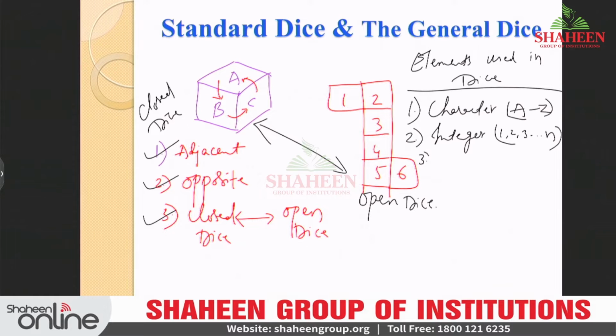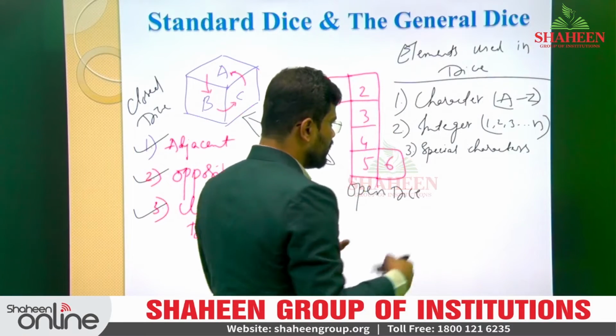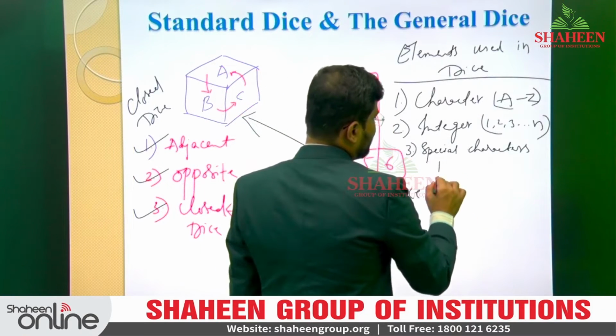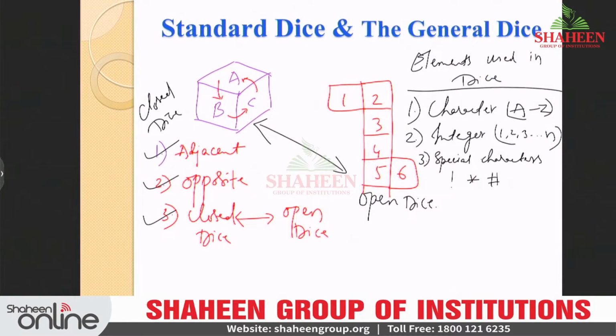And third is special characters, like on the keyboard from F1 to F12, you have seen some special characters like exclamation, star, hash, dollar, and so on.